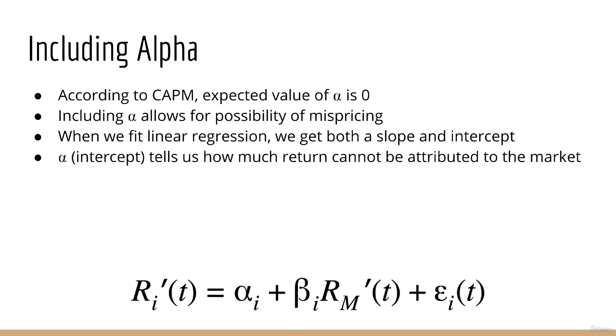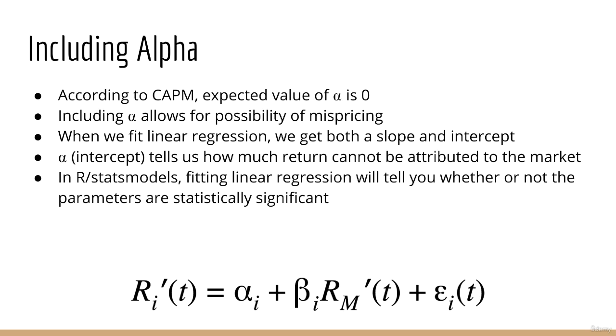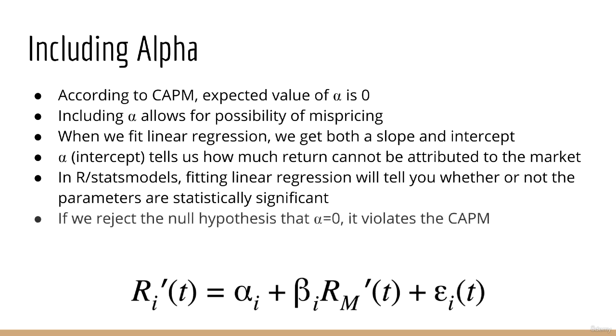It tells us how much return cannot be attributed to the market. In statistical packages such as R and statsmodels, when you fit a linear regression, you also do various statistical tests, including ones to check whether or not your slope and your intercept are statistically significant. So after you fit your model, you'll get a p-value telling you whether or not alpha sub i is significantly different from 0, violating the assumptions of the CAPM.